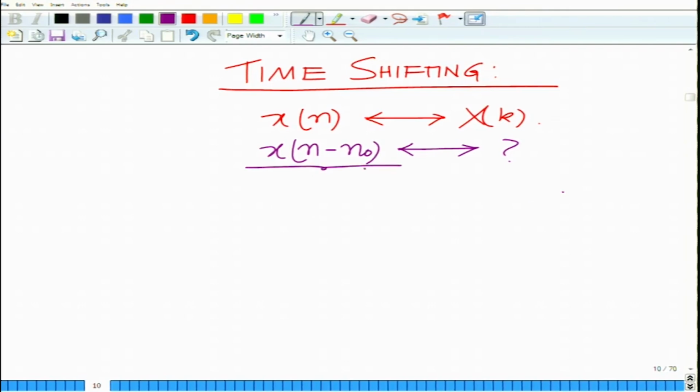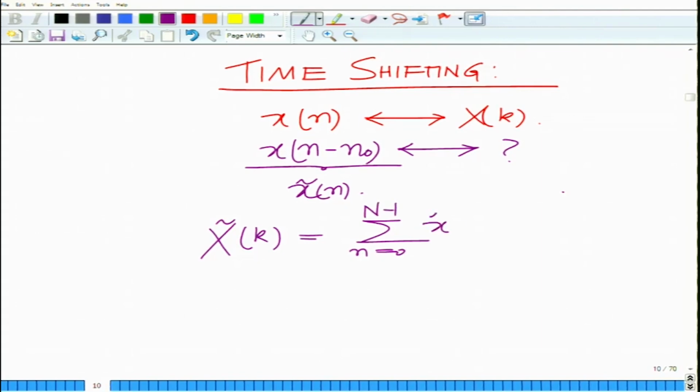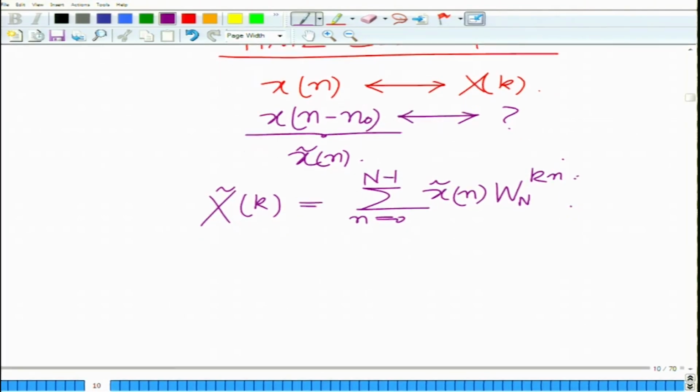Let us denote this by x tilde[n]. So, x tilde[k] equals the summation n equal to 0 to N−1 of x tilde[n] W_N to the power kn. Now, let (n − n0) mod N equal m.